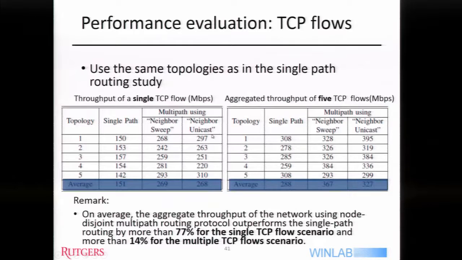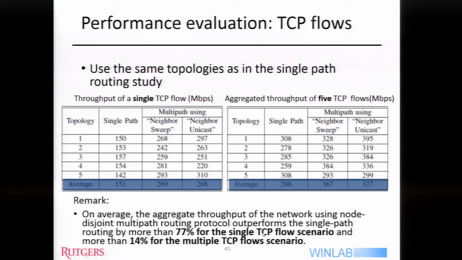And we use the same topology as with the single path routing. We find that no matter whether there's only 1 flow in the network or 5 flows, on average the multi-path solution performs much better than the single path routing.